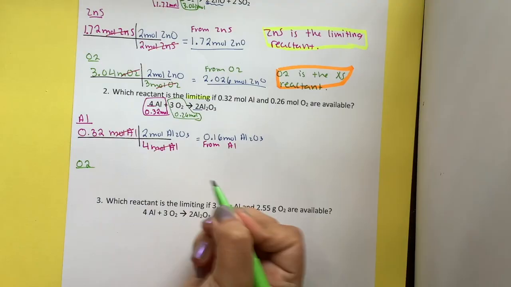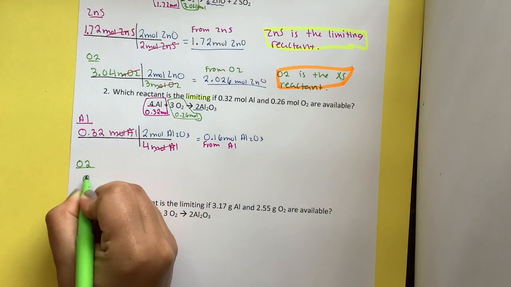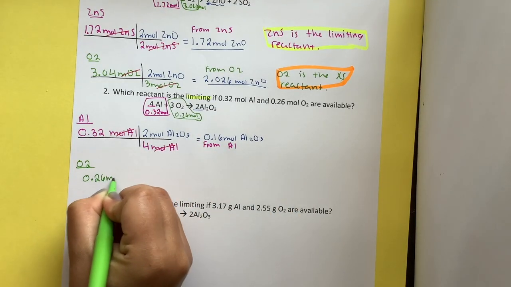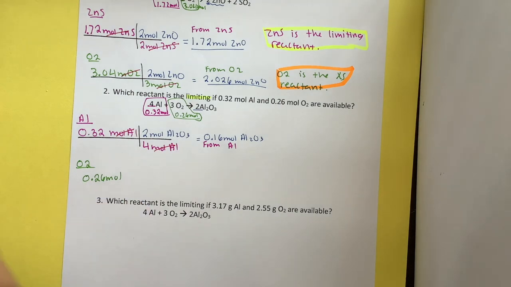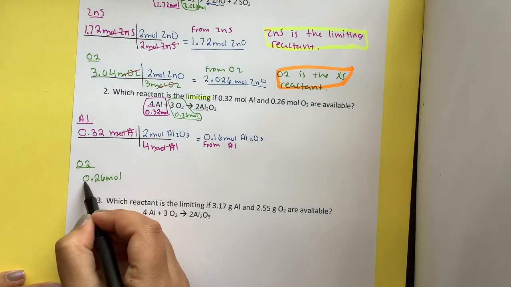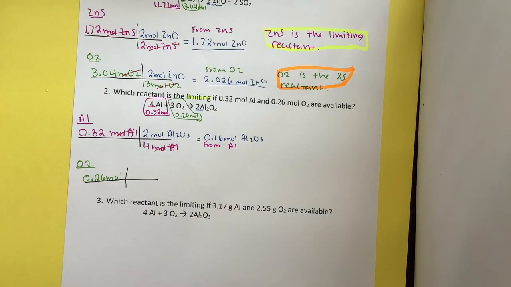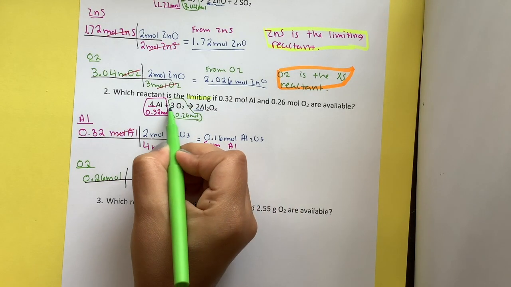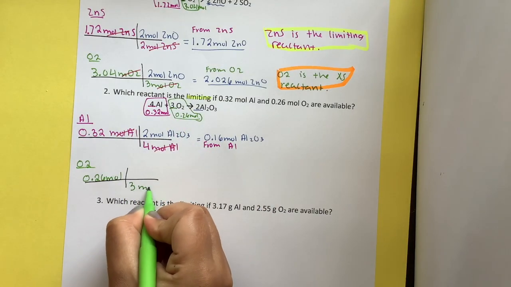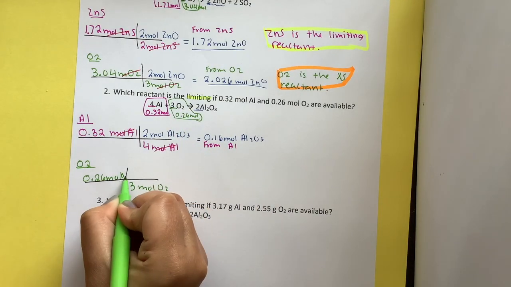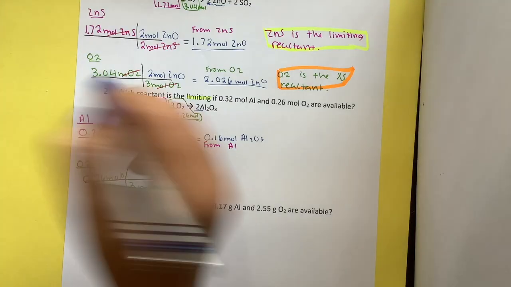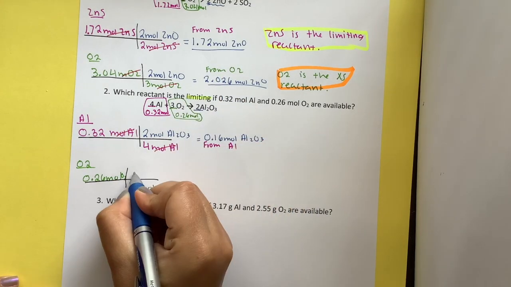So now I'm going to look at oxygen. Oxygen, I started with 0.26 moles of oxygen. Since I'm already in moles, my next step is going to be to use the mole ratio, which according to the equation is 3 moles of oxygen for every 2 moles of the product.